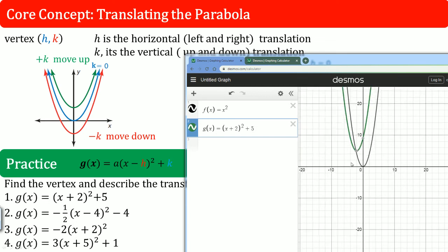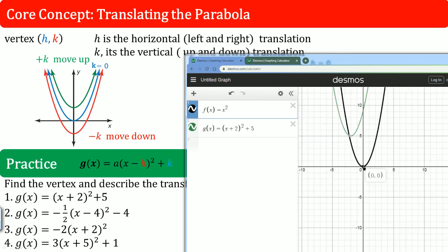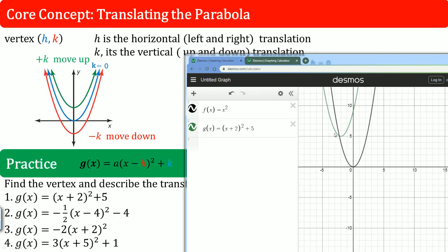We saw that it went from 0, 0 all the way to this value. Let me just cross that out right there, that dot. It goes all the way to negative 2 comma 5.